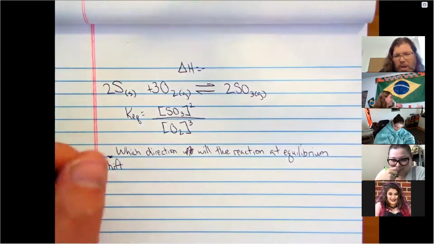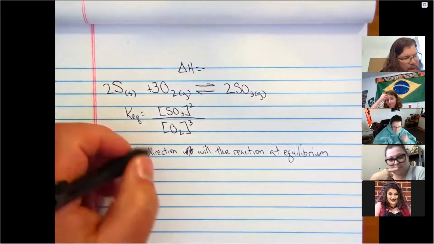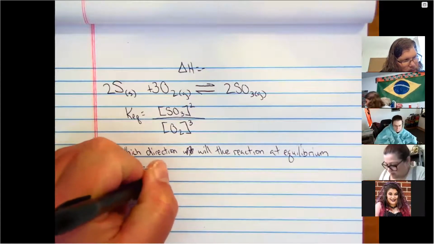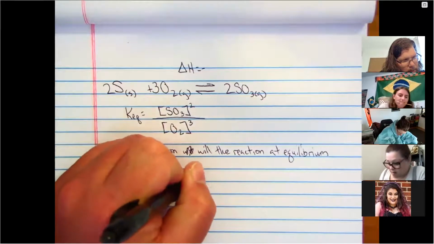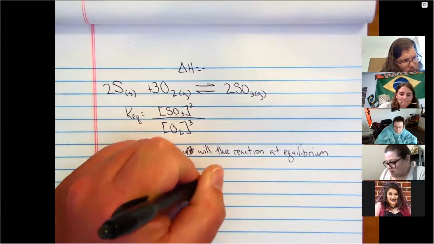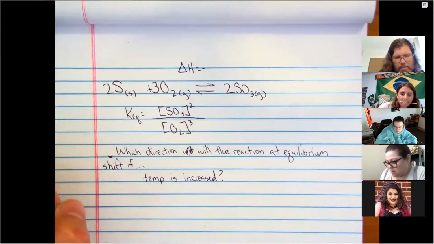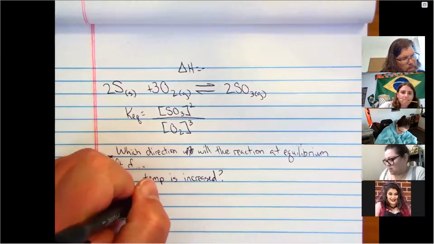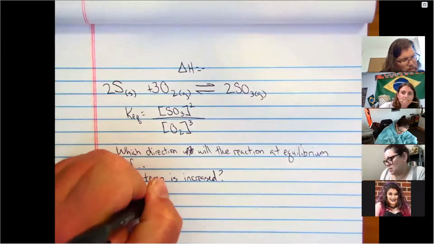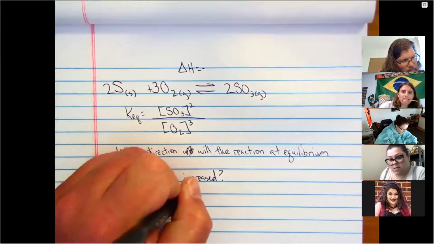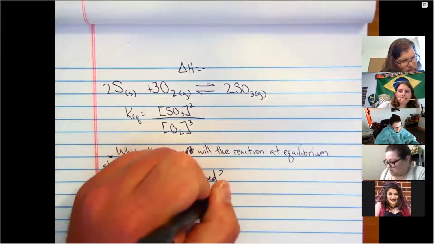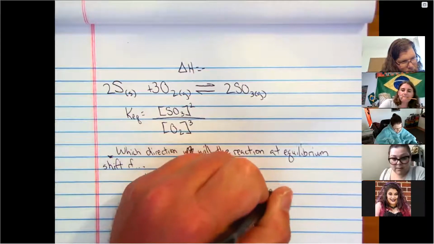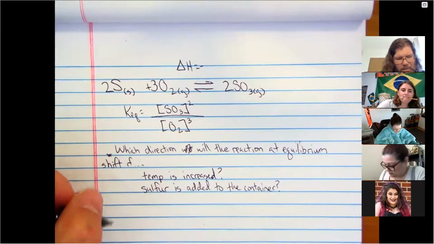All right, which direction will this reaction at equilibrium shift if the temperature is increased? If we add more sulfur to the container?